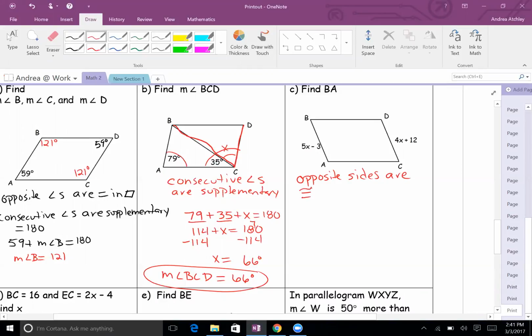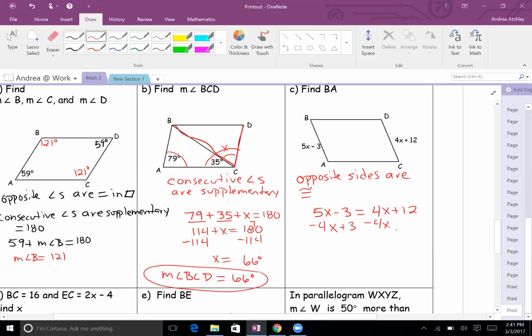Opposite sides are congruent. That gives me 5x minus 3 equals 4x plus 12. Now I'm just going to solve and move all my variables to one side. Subtract the 4x.